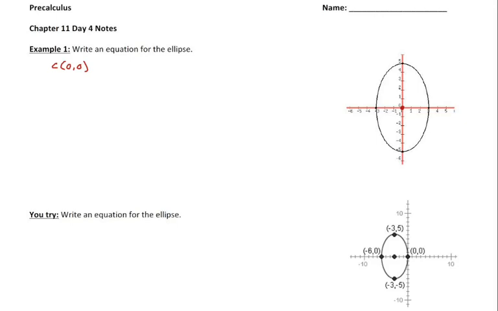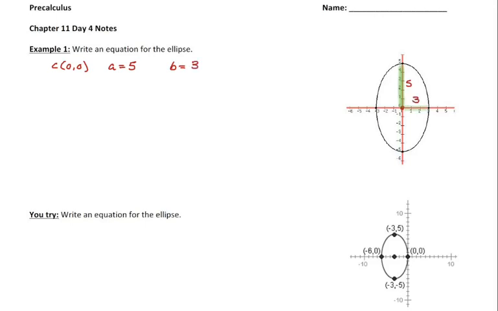And A is always the distance from the center to the vertex or from the center to the edge that's furthest away from the center. So in this case, A is going to actually be 5. So that's the distance from the center to the top of this ellipse, and that point up there is actually going to be one of our vertices. And then B would be the distance from the center to the edge in the other direction. So in this case, B would be 3.